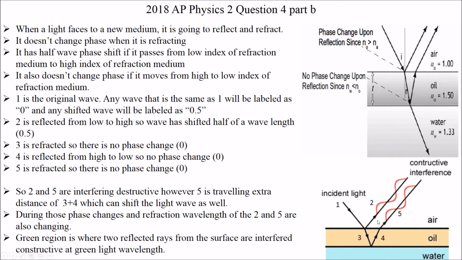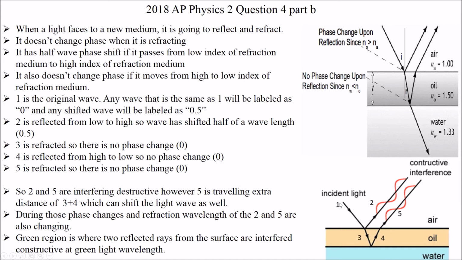All right? But whenever it's reflecting, depending on the surfaces, it might shift the wave. So if you go from low index of refraction to a high index of refraction area, then you are going to shift your wave by like half of the lambda.